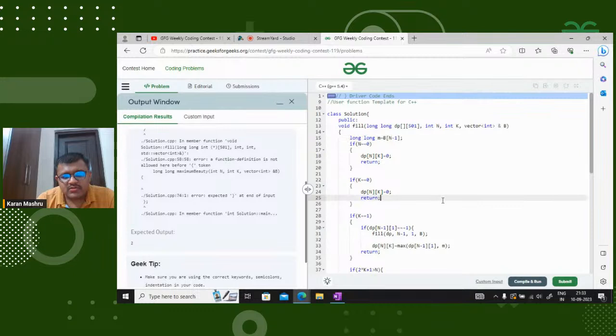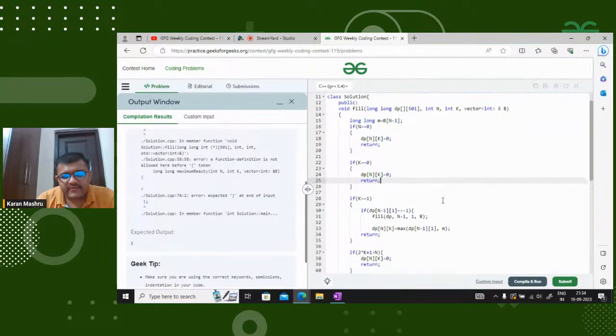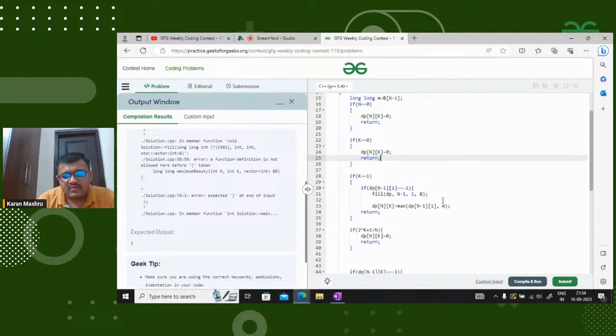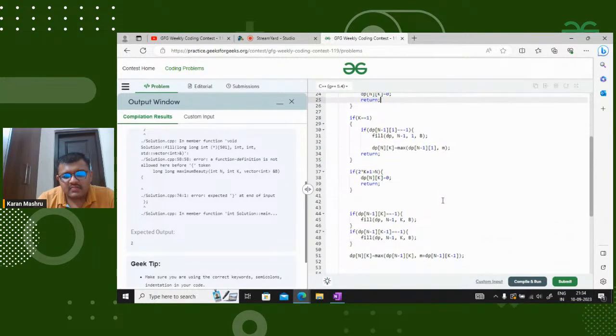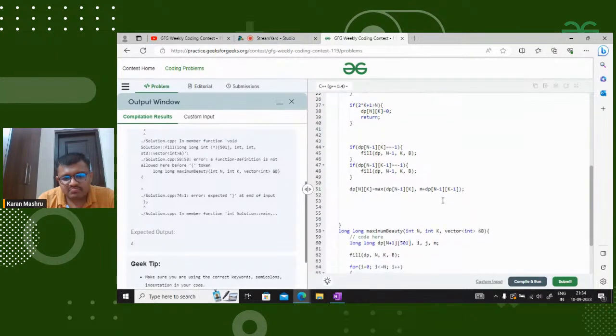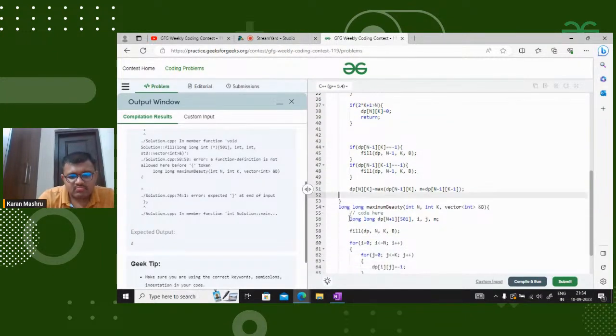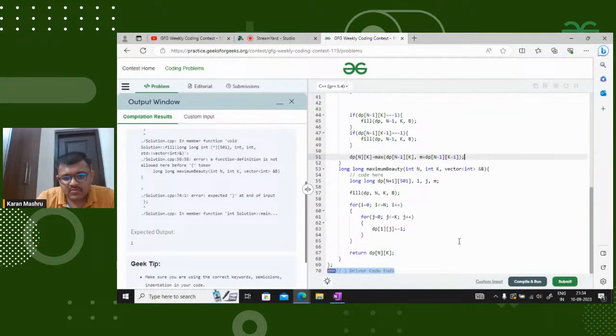So are we having one less closing bracket? This is if, this is if, this is if, and this is for loop, this is for loop. I think we have the error: a function definition is not allowed here before this token.